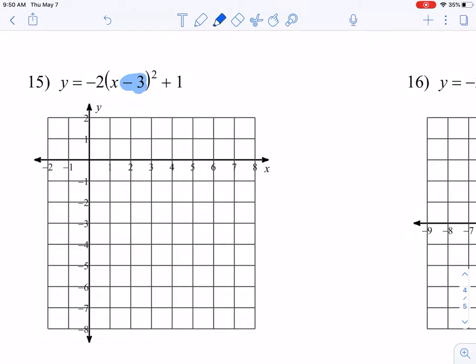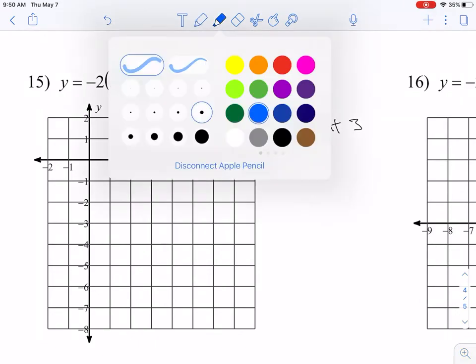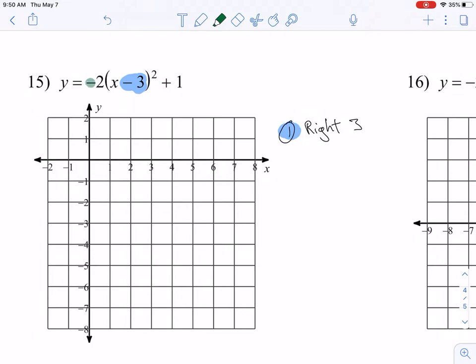Our first transformation is that our graph, or our parabola, moves right 3. Our second transformation is that there is an x-axis reflection, or a flip.